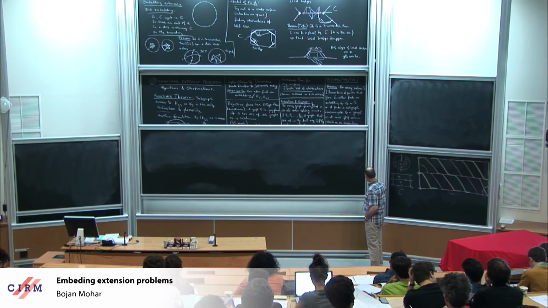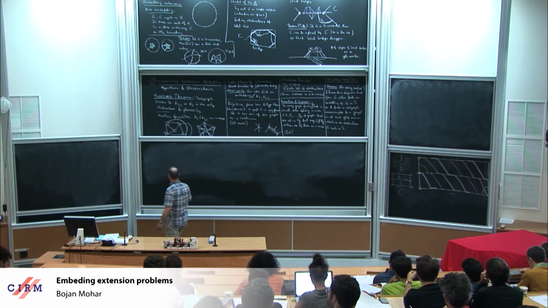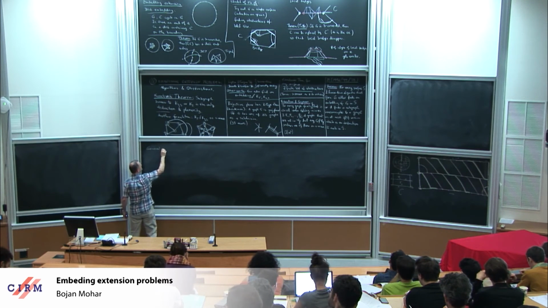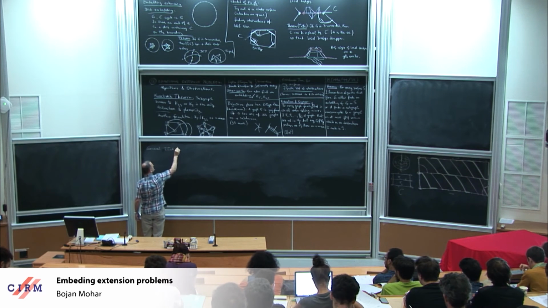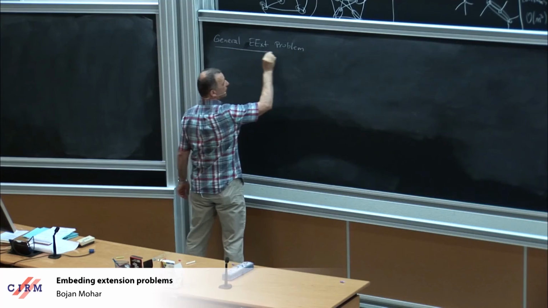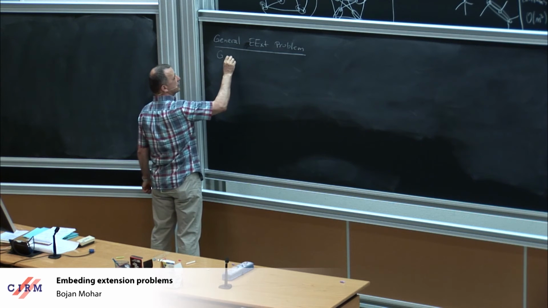Now, let me try to formulate a general embedding extension problem. I have a graph G. G is a large graph.